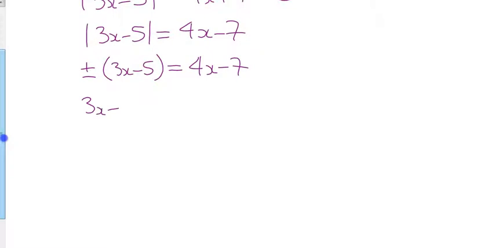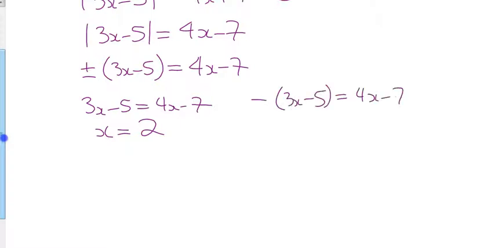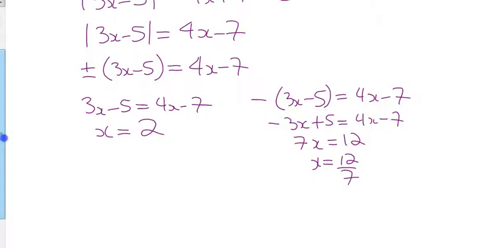We're going to solve 3x minus 5 equals 4x minus 7, which gives us x equals 2. And we are going to solve the negative of 3x minus 5 equals 4x minus 7, which means we distribute the negative through, getting negative 3x plus 5 is equal to 4x minus 7, giving us 7x equals 12, and x is equal to 12 over 7.